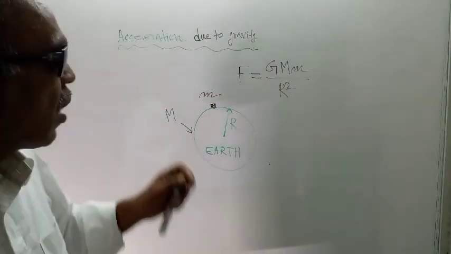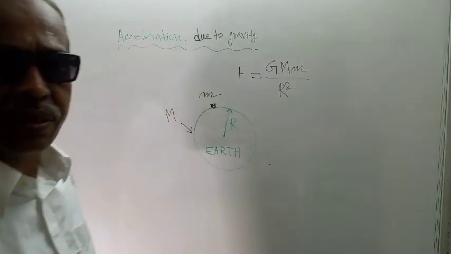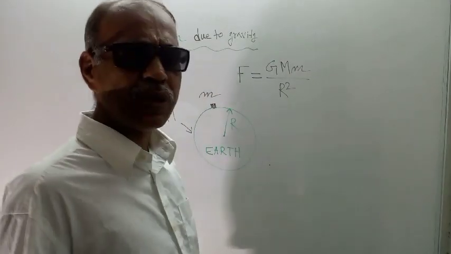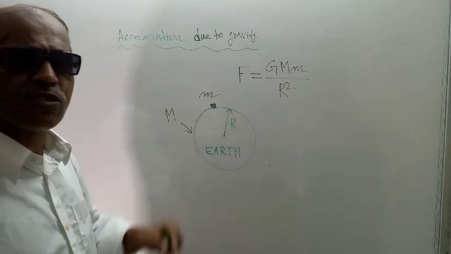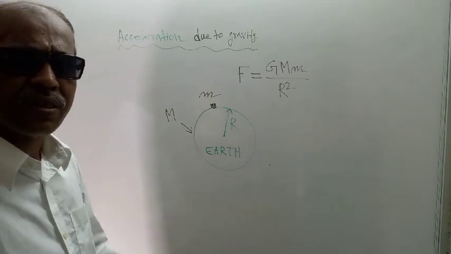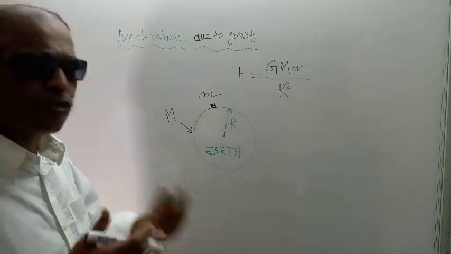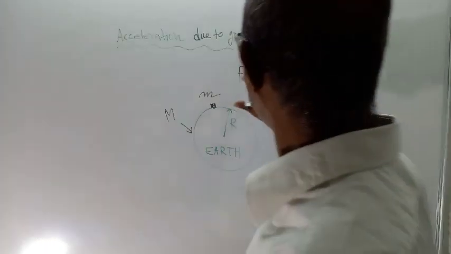That's why we have taken this distance from this point up to the object. That distance is equal to the radius of the Earth, because the size of this small object is very, very small as compared to the size of the Earth. So the dimension of this small object need not be considered. That's why we can use this formula F.